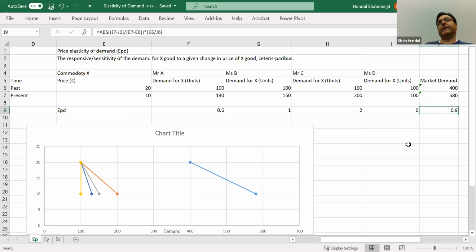You can see this way that the 0.9 is not very low either. So if your company's strategy is that, look, there are different companies, they have different approaches. Some companies think that consumers are price sensitive, and they try to lower the price in the hope that consumers will buy more.